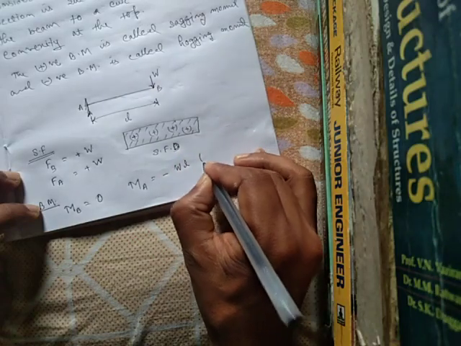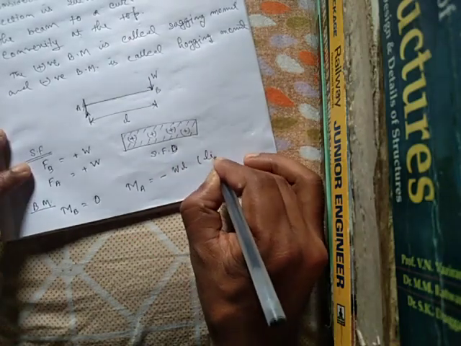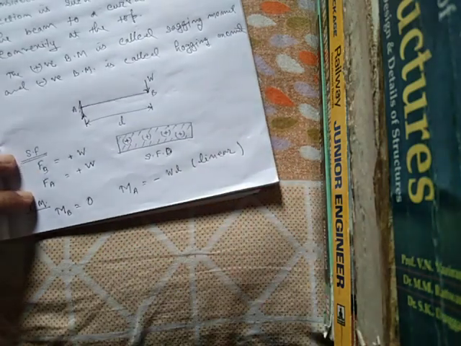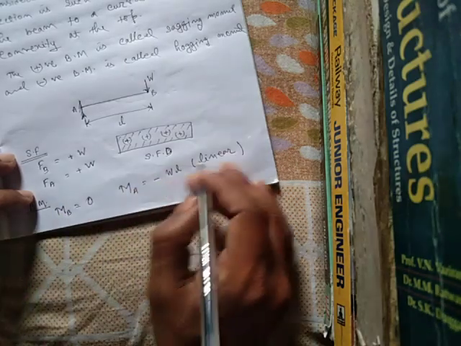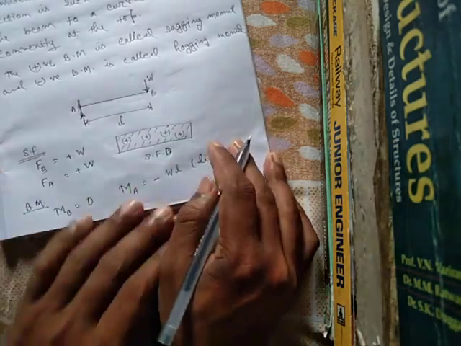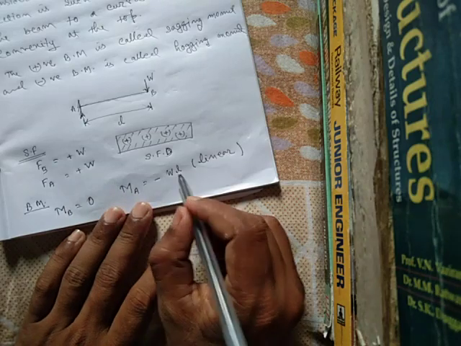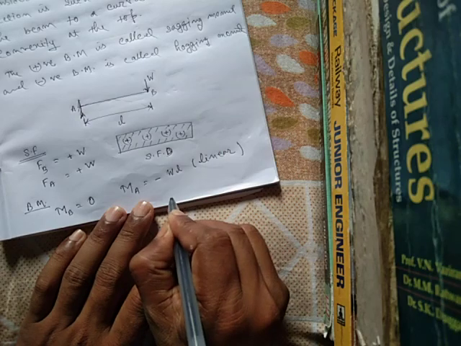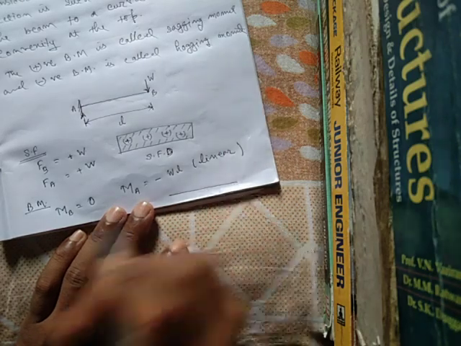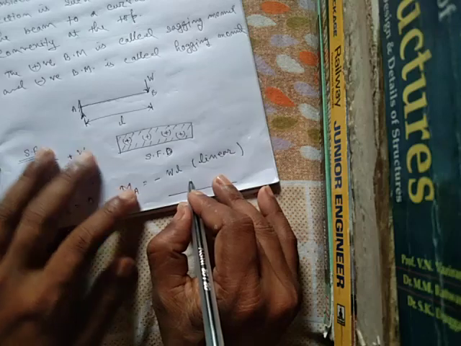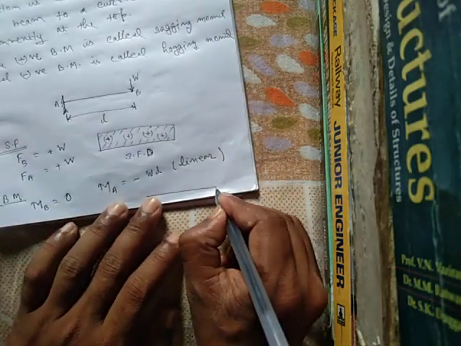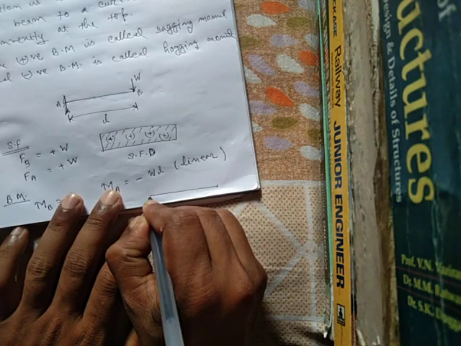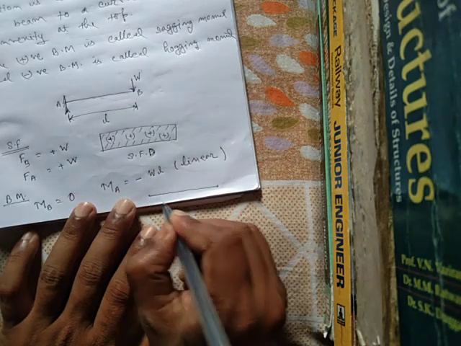This is a linear equation, so it will be a linear curve. Now the shape of the bending moment diagram will be like this: this is the base of the beam, and bending moment at point B is equal to 0, and bending moment at point A is equal to minus WL.